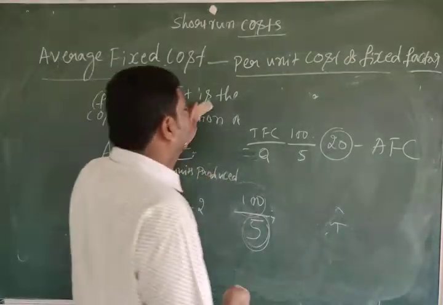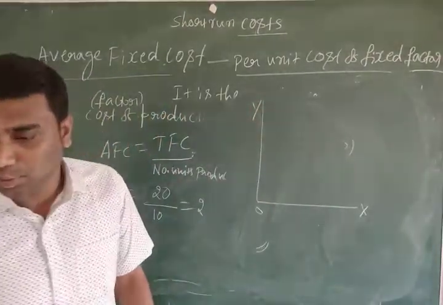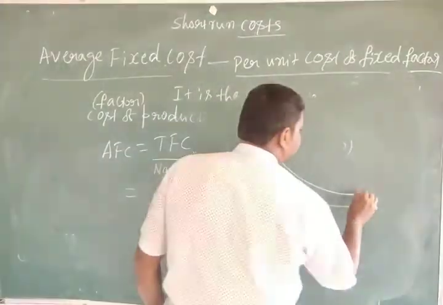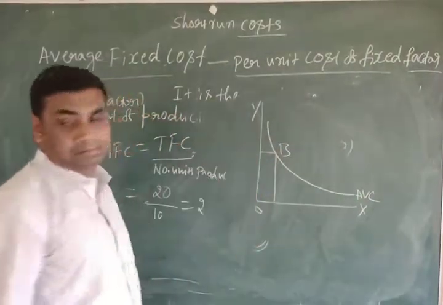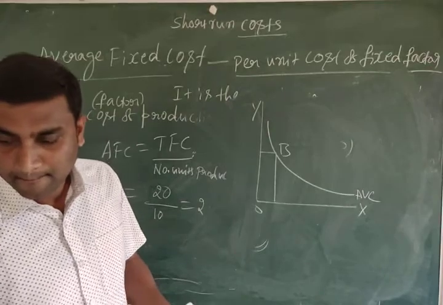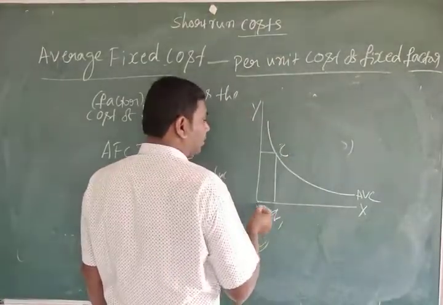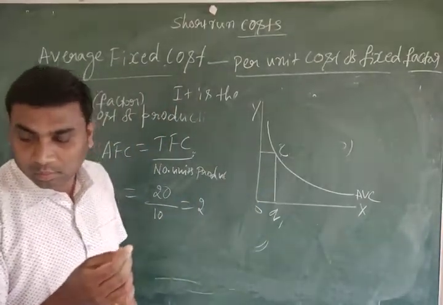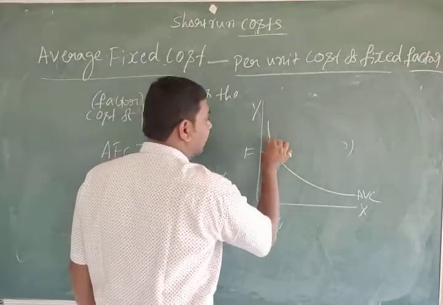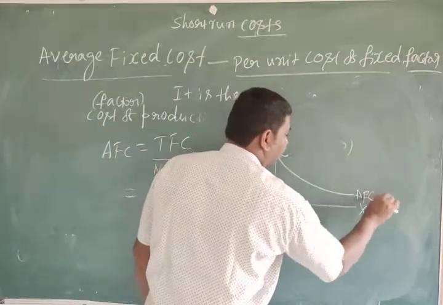Okay, we can show this with the help of a diagram. This is just a rough sketch. This is the AFC, average fixed cost.